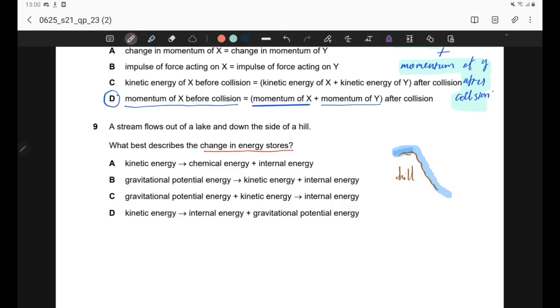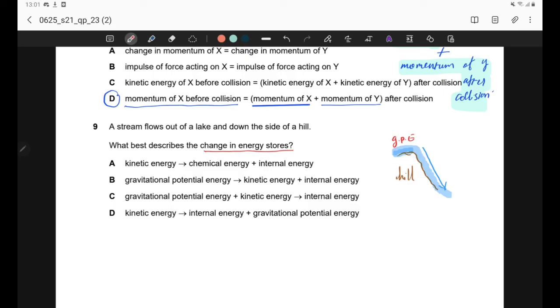So at the top of the hill, as the height is more from the ground, the water will have gravitational potential energy, but while it is falling downwards, the gravitational potential energy will convert into kinetic energy as it's moving. So the energy associated with the movement is kinetic energy.